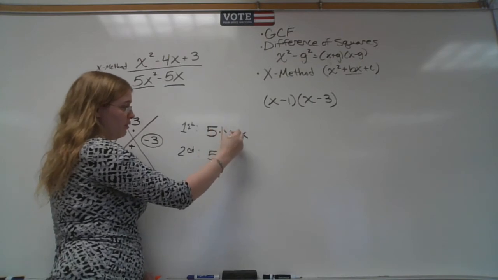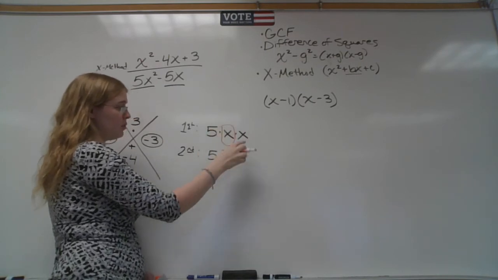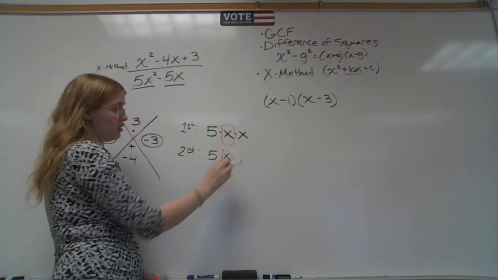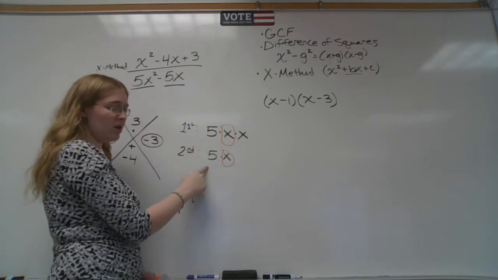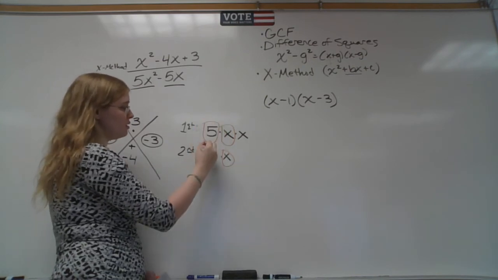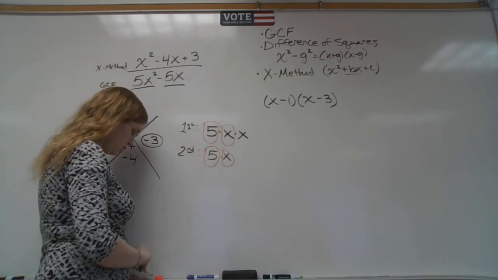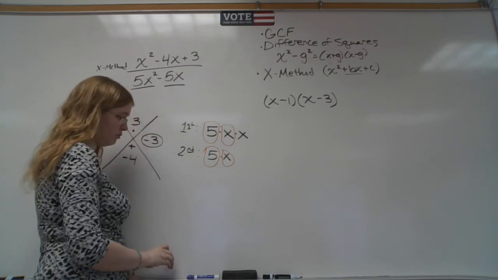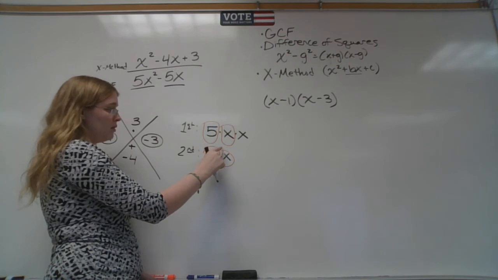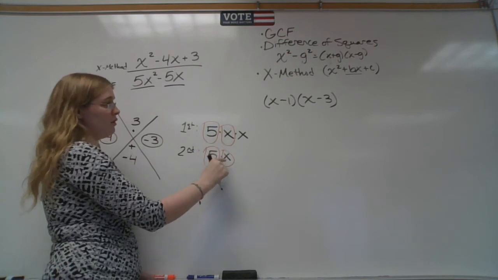So they both have 1 x. They do not both have 2 x's. This one doesn't have a second x, so that stays. Now we compare the numbers normally, but these are already the same number, so that makes it easy. So 5x is what factors out.